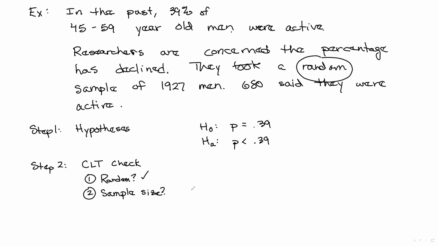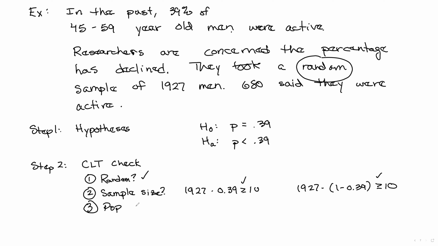What we want to do is 1927 times 0.39 and 1927 times 1 minus 0.39, and check that those are both greater than or equal to 10. I can tell just by looking at them that they are.